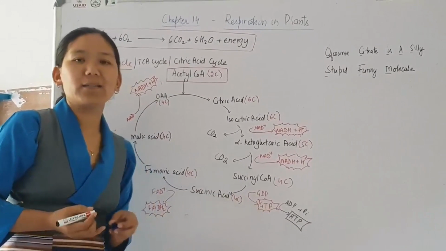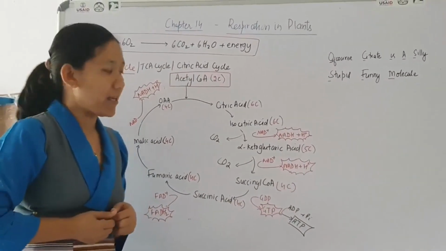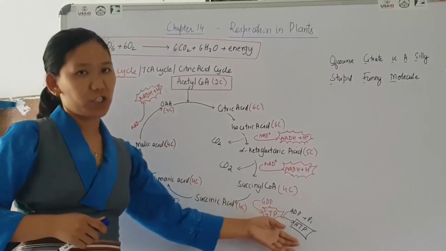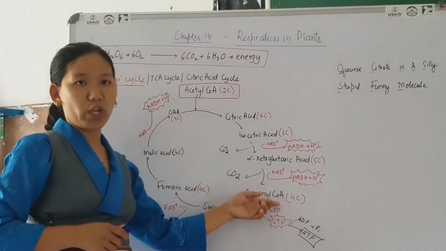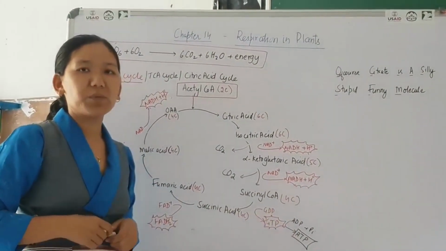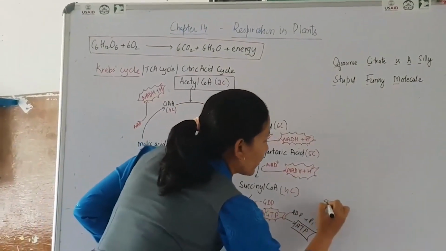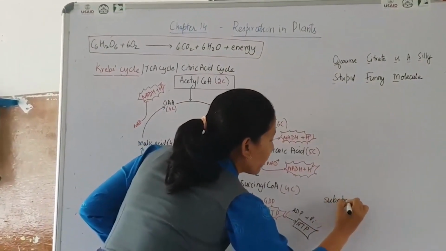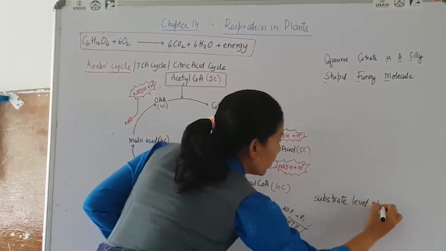And we know that the synthesis of ATP is called phosphorylation. During the phosphorylation, the substrate here is succinyl-CoA. So the type of ATP synthesis formed is substrate level phosphorylation.